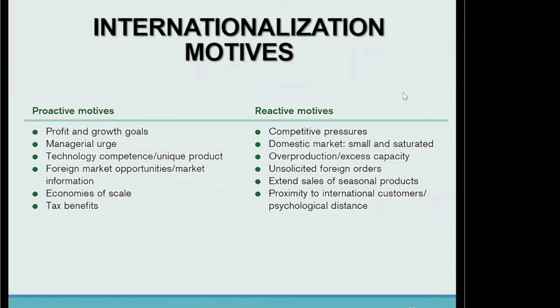Finally, with regards to the reactive motives, we can talk about extending the sale of seasonal products. And this one, we see it all the time. The Western products are seasonal. So once the season passes and no one in that market needs it anymore, they need to find another place to send it to. And they usually bring it to the markets where it is viable for that period of time. In Ghana here, we have summer all year round. Over there, they don't.